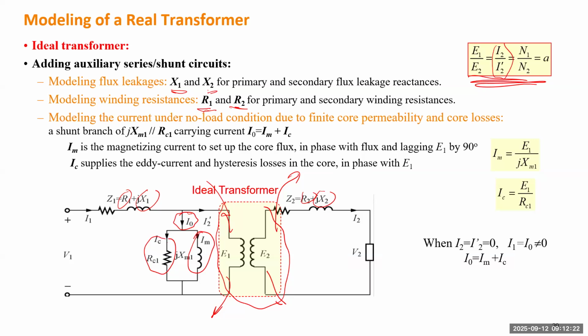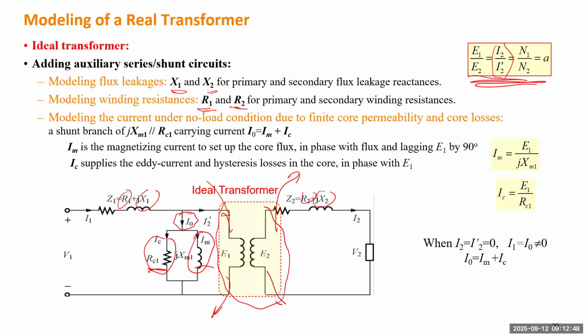So that also needs to be modeled. Finally, we have two impedances on both sides, modeling the imperfection of the windings, and two shunt branches, one resistance and the other reactance, to model the factors with the iron core.